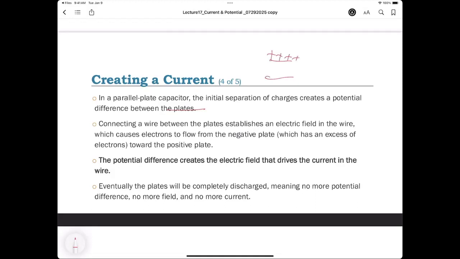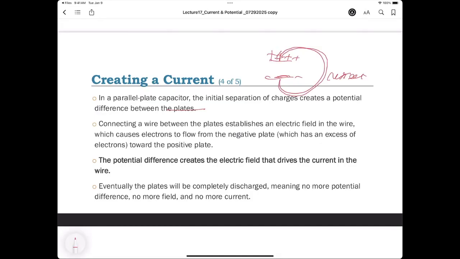This is one capacitor plate, this is the other. If you connect them with a wire, because the atoms have fixed positions, the electrons move from the negative plate towards the positive plate, and then the current is generated. Does it make sense to you?